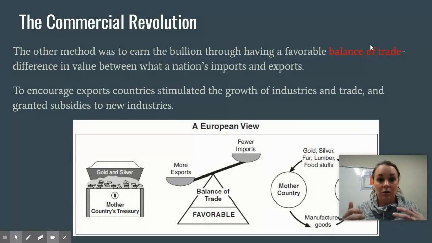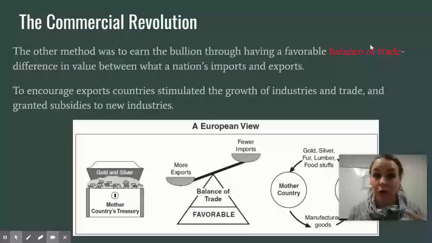So you want to be selling more than you are buying, so that you don't end up in the hole or dependent upon other nations. Because if you are dependent upon the imports of other nations just for your basic goods and needs, that puts you in a pretty vulnerable position. They can say, you know what, you've made us mad. We're cutting off our goods that we usually send to you.